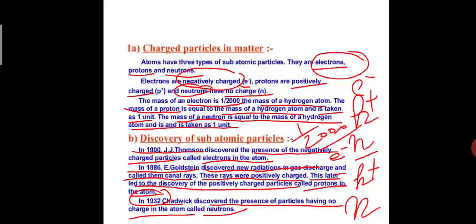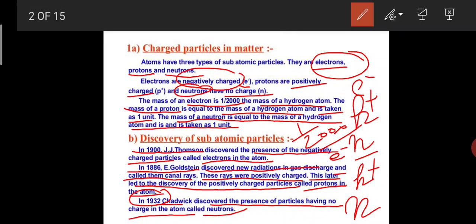So tell me, if an atom contains one electron and one proton, will it carry any charge or not? No. Why? The electron is equal to minus 1, and the proton is equal to plus 1. So plus 1 and minus 1 cancel, so the atom will not carry any charge. I hope you understand.